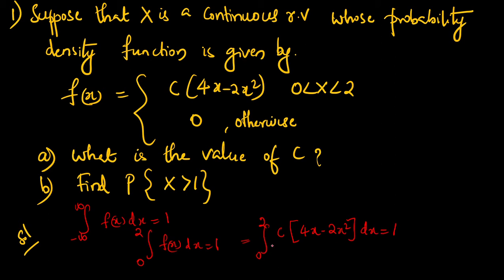C being constant, take it outside. C into integral 0 to 2 4x minus 2x square dx.